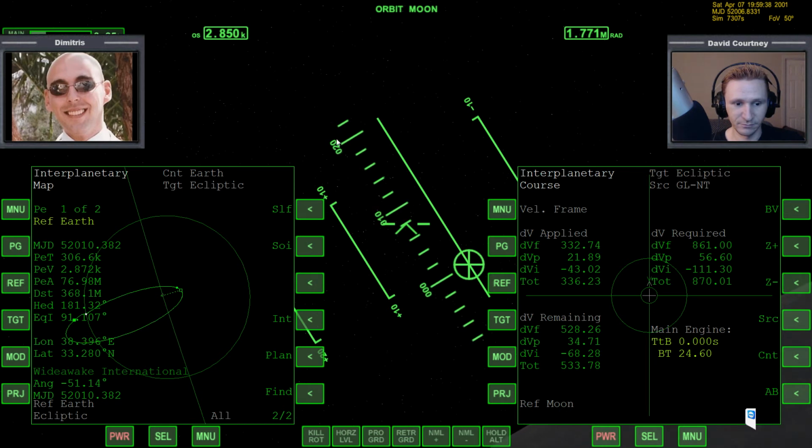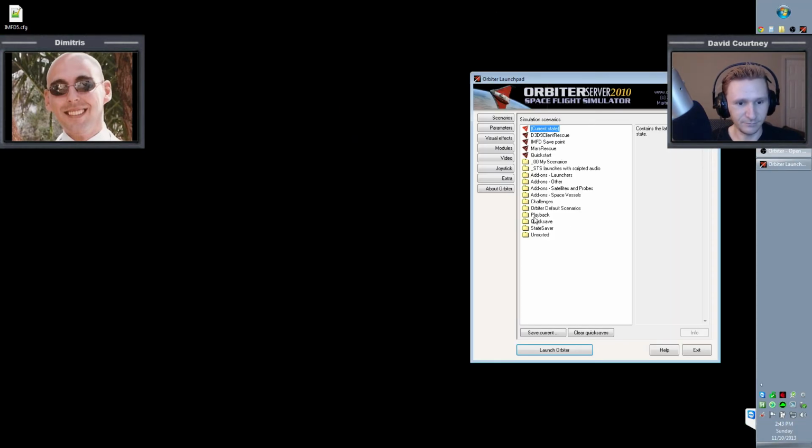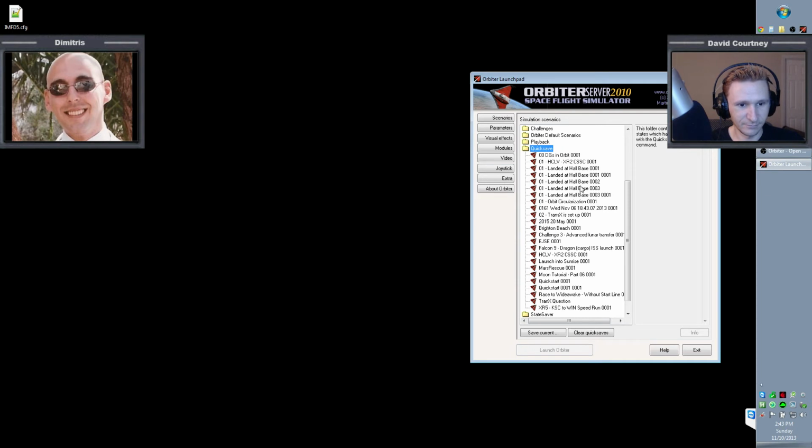We had a total of 870 meters per second burn. We had burned through the first 300 meters per second or so, and then it tried to auto burn another 870. It's a good thing this happens, so people know that you don't want to mess with the auto burn while the burn is being made, unless it's simply to stop it.